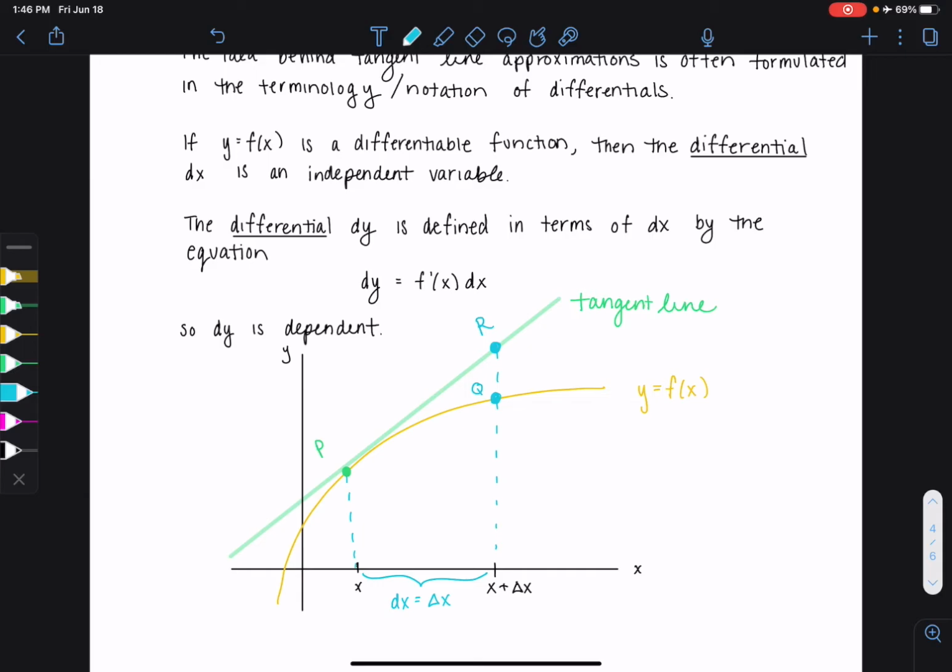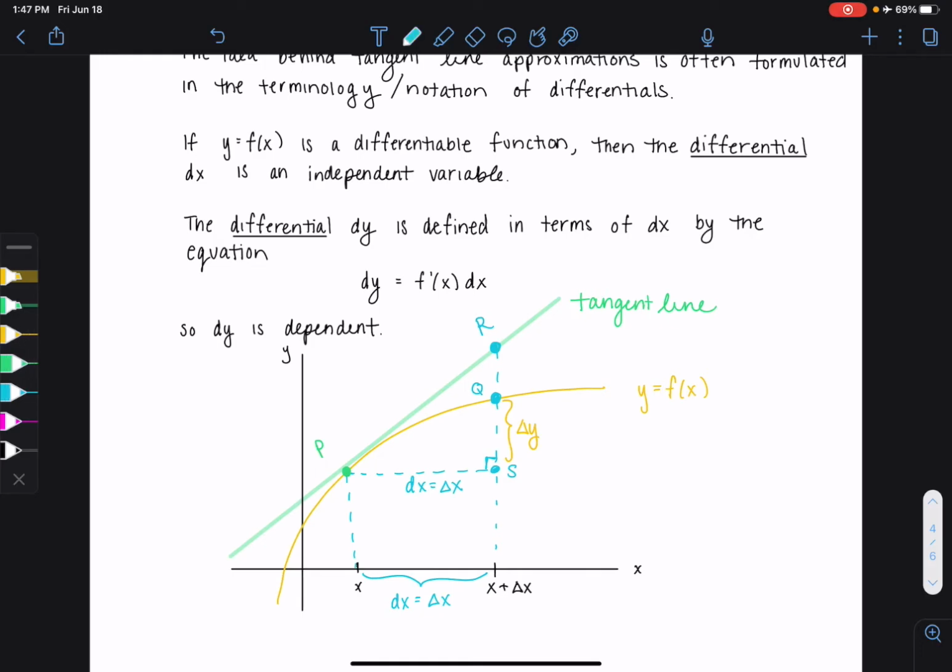So we're going to go ahead and draw in some lovely little triangles. Got a right triangle right here, and I'll call this point S. This is our dx, or delta x, representing the change in x. The change here is the true change in y values. So that's delta y.